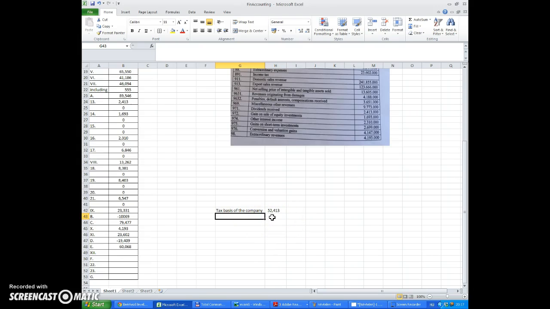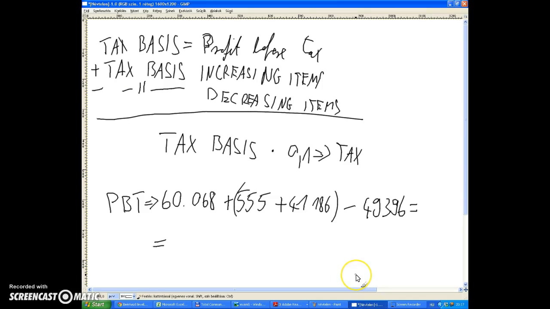And in order to get the tax of the company, it's very simple. All we have to do is just to multiply it by 0.1. This is the tax rate according to Hungarian law. So this was equal to 52413.